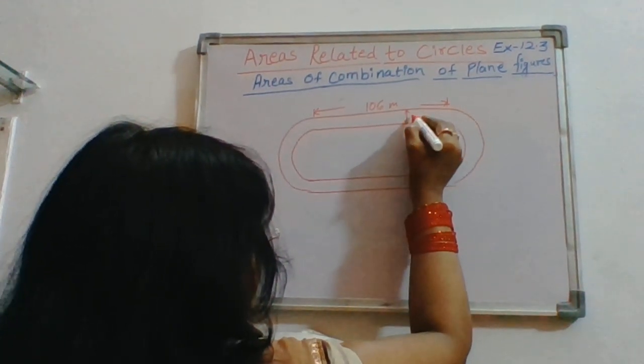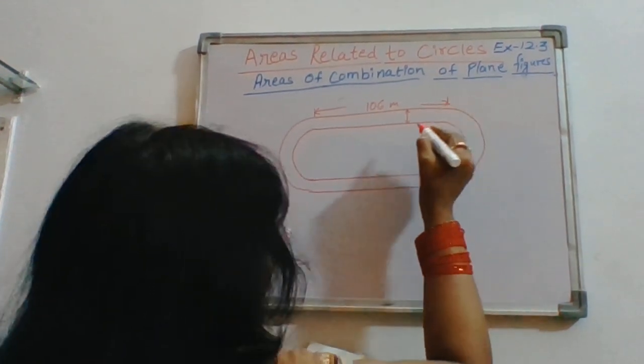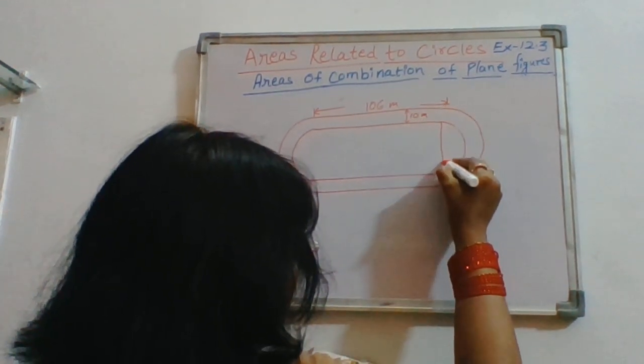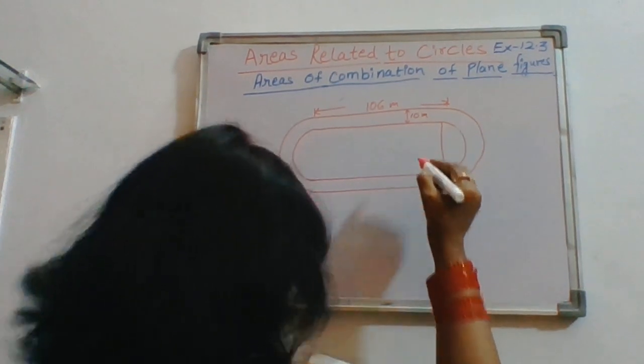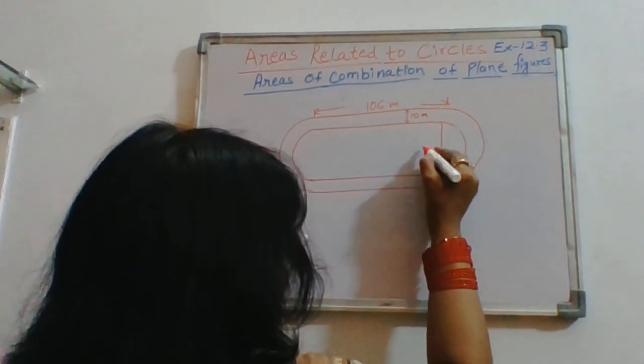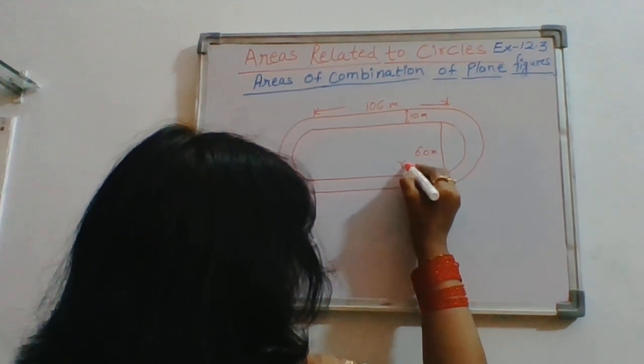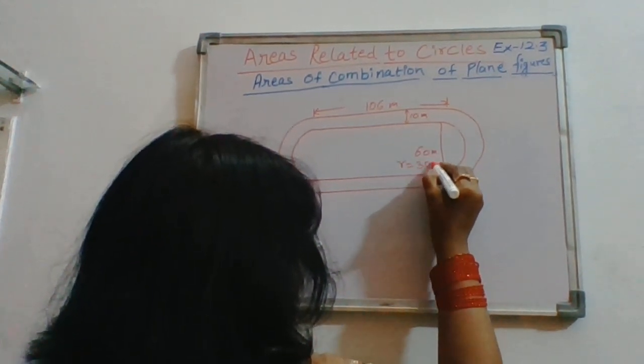The thickness is given as 10 meter. The distance between the inner edges, that means it will be the diameter. This is your 60 meter. That means radius will be equal to 30 meter.